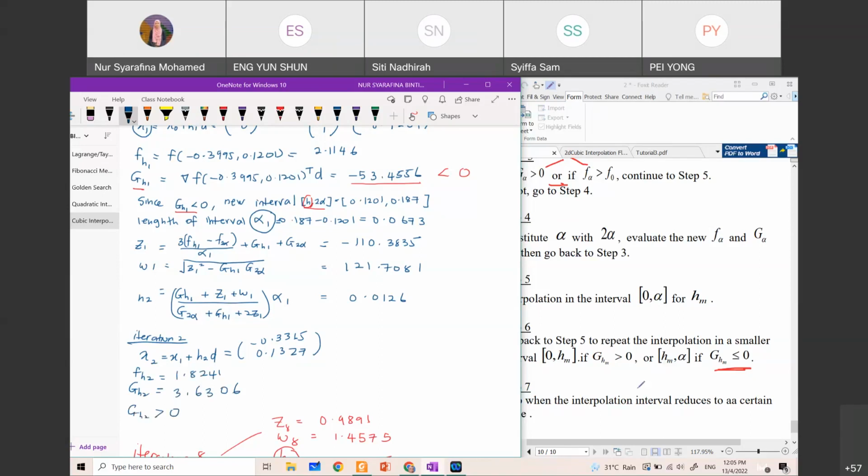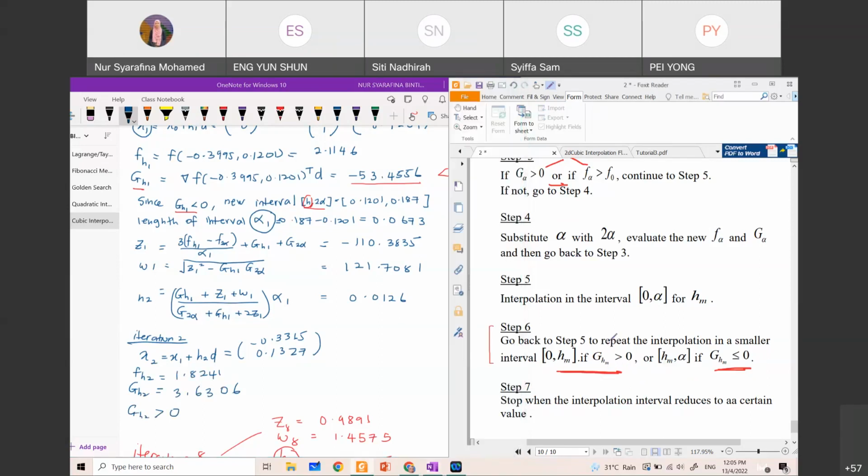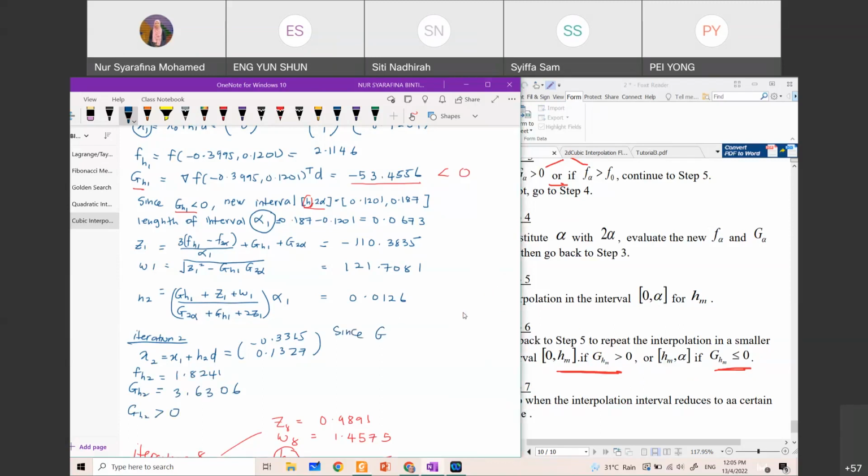So when it is greater than 0, your new interval is 0 to H2, which is 0 to 0.0126.